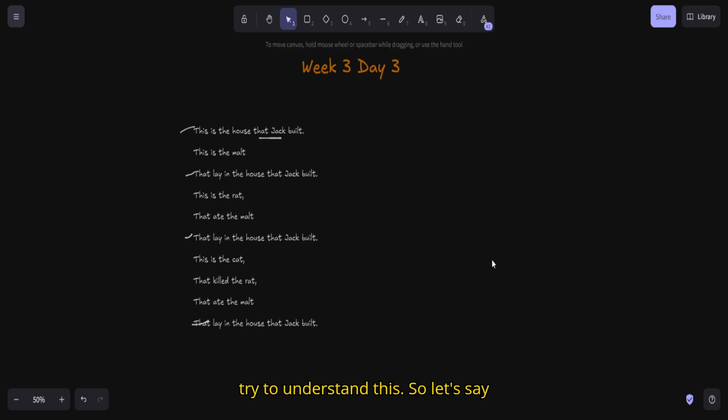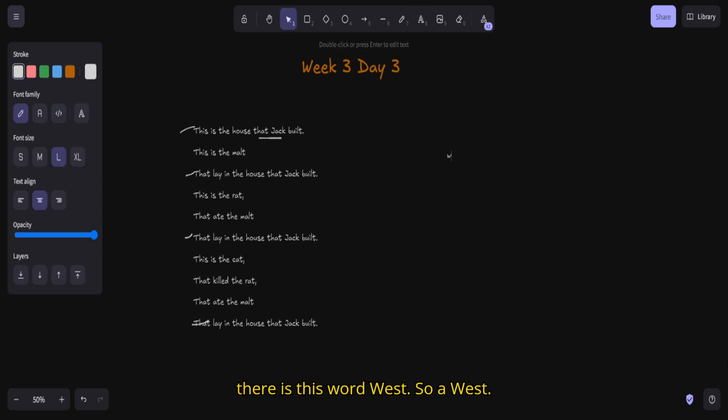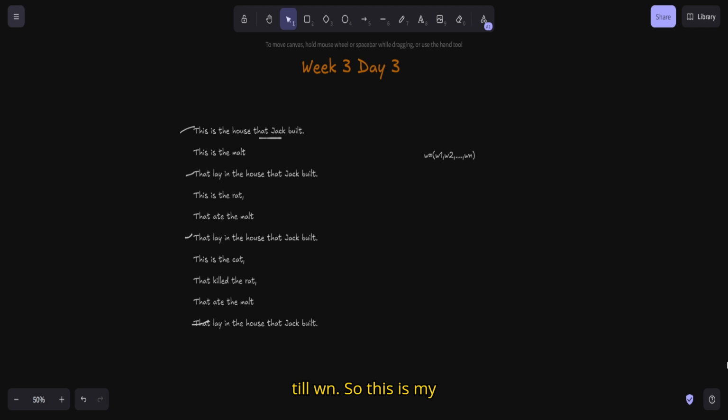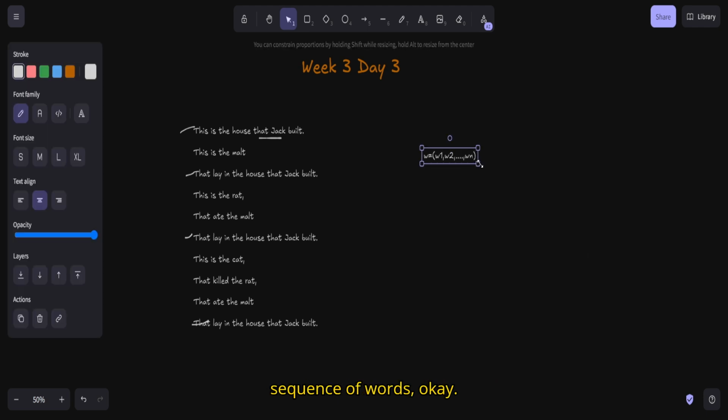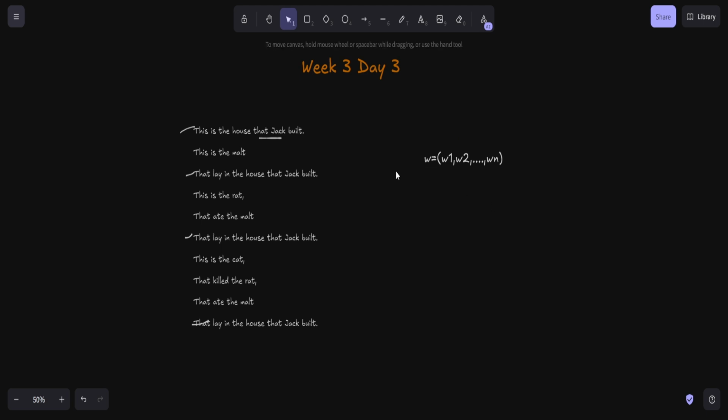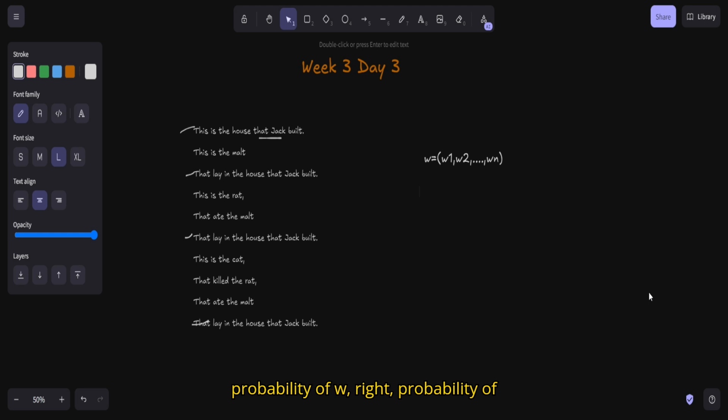Now let's try to understand this formally. Let's say there is a sequence of words, like a sentence, W1, W2 till WN. This is my sequence of words. If I want to find the probability of W, we have to follow the chain rule according to Bayes theorem.